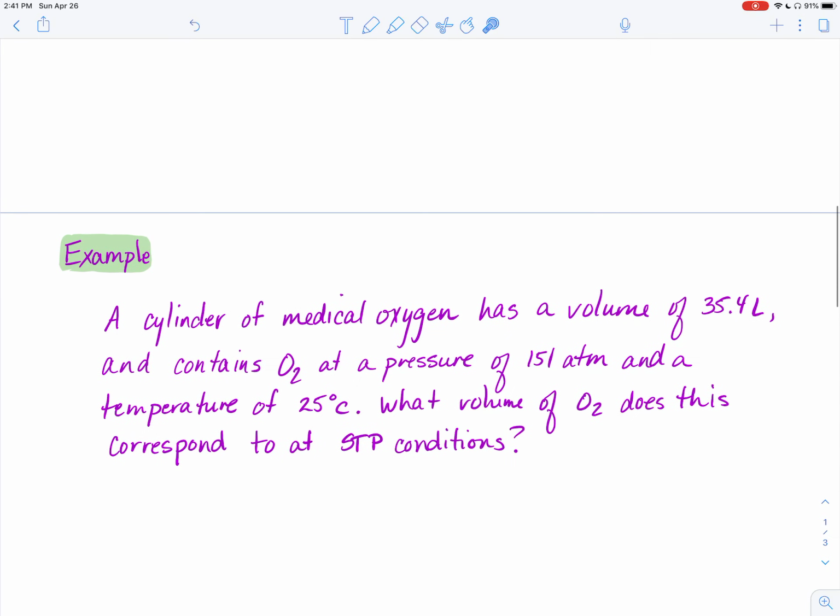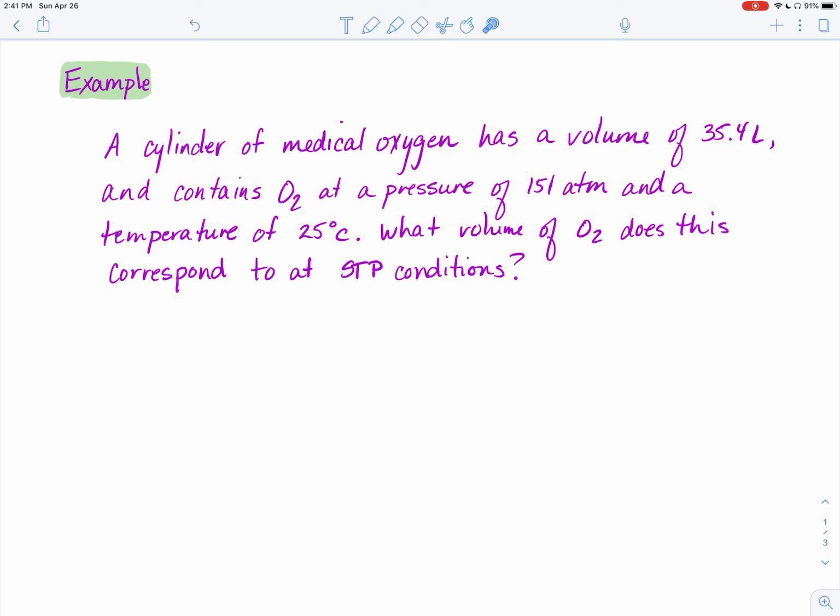So let's use this information to help us solve an example problem. It says a cylinder of medical oxygen has a volume of 35.4 liters and contains oxygen at a pressure of 151 atm and a temperature of 25 degrees C. What volume of oxygen does this correspond to at STP conditions?